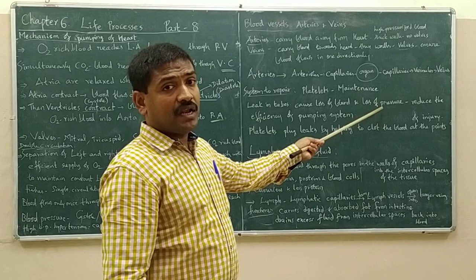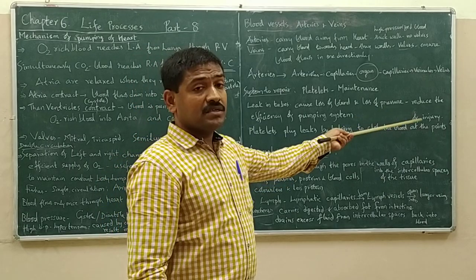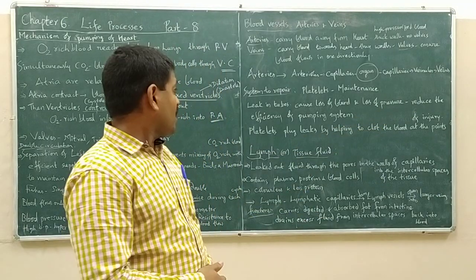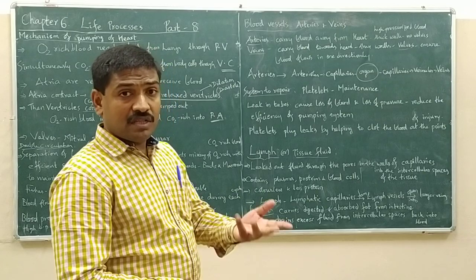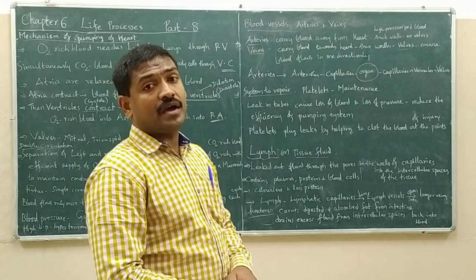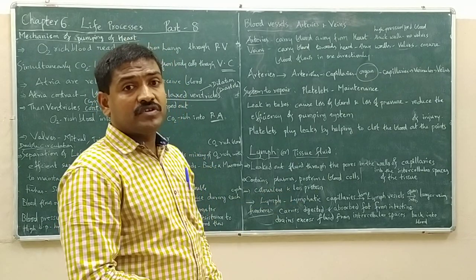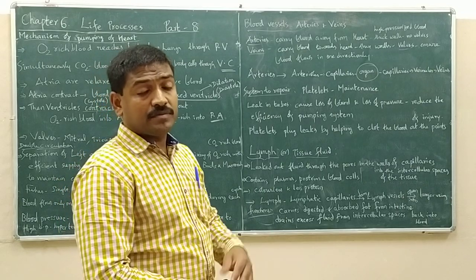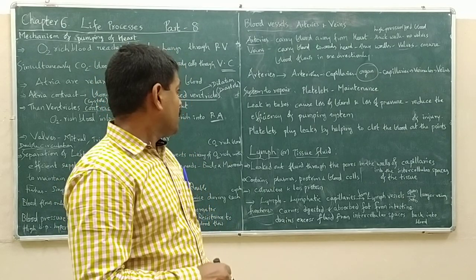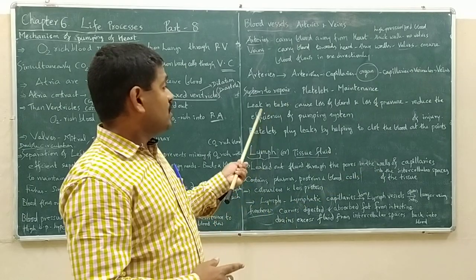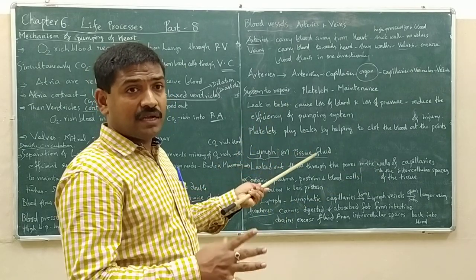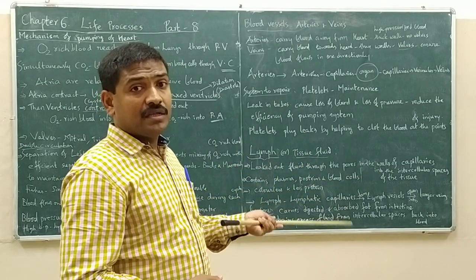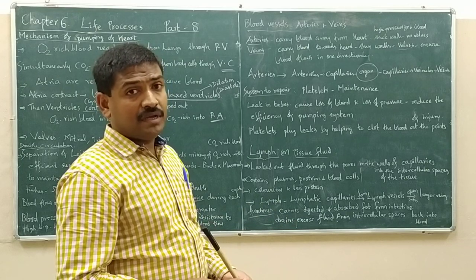Loss of blood and pressure in turn cause reduction in the supply of oxygen, or reduction in the efficiency of the pumping system. So this will cause low energy levels, and persons may even get giddiness. Okay, right? So if this leak is present all the time without getting plugged, then it will cause permanent loss.